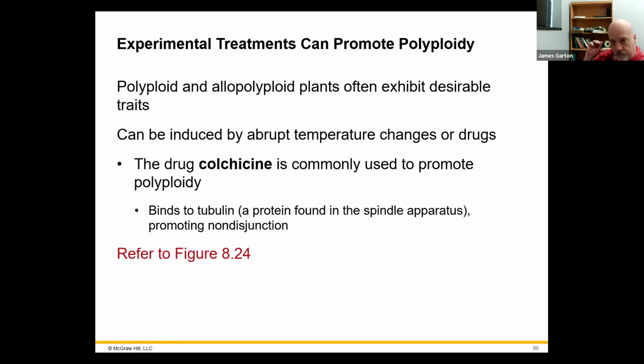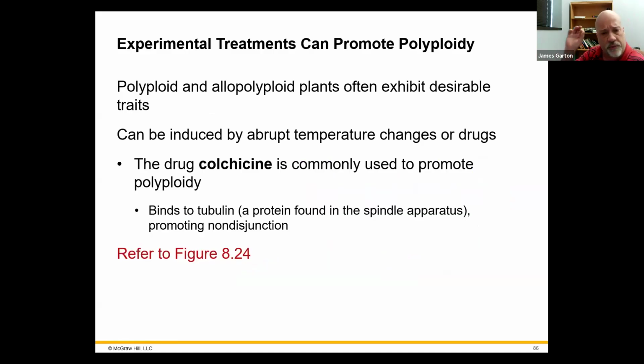Now, we can make things polyploid, and we have done so, especially in breeding crop plants. And you can do this in a variety of ways: suddenly change the temperature during gamete formation, or use drugs during gamete formation.